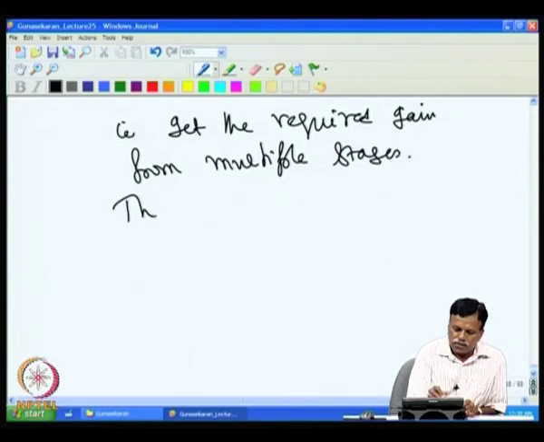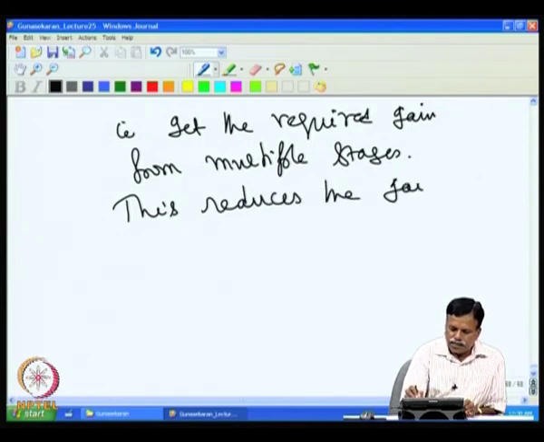This reduces the gain error and also the gain drift.